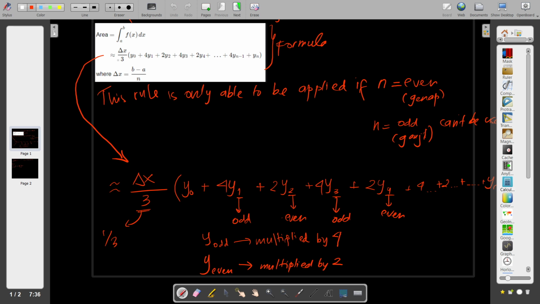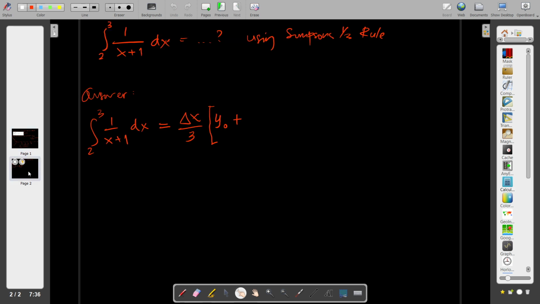We start from 4y1 because the sub number is odd, and then plus 2y2.